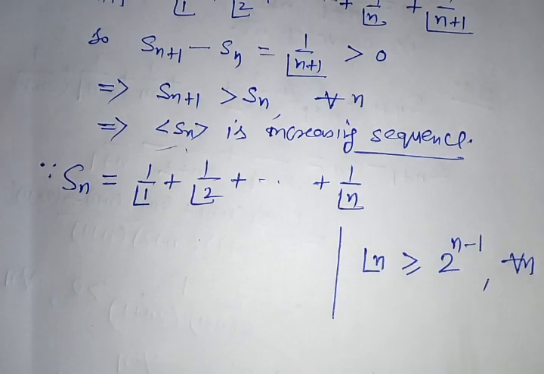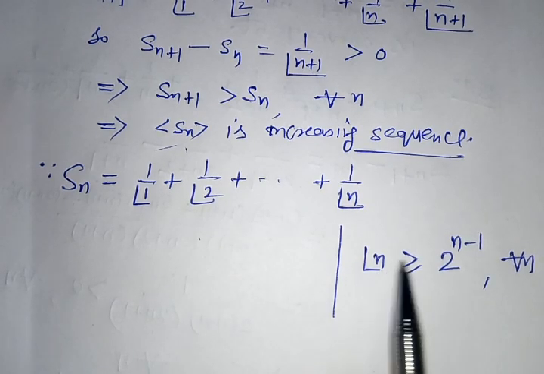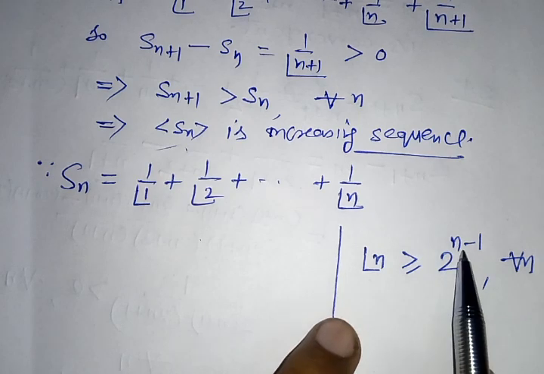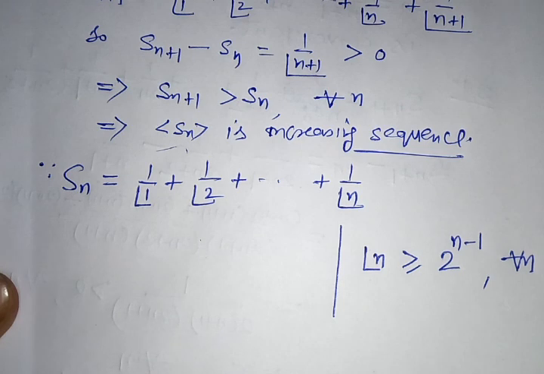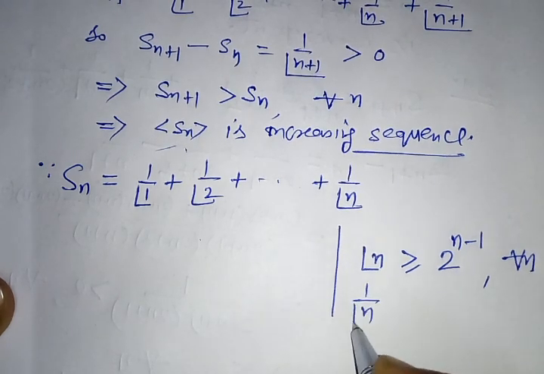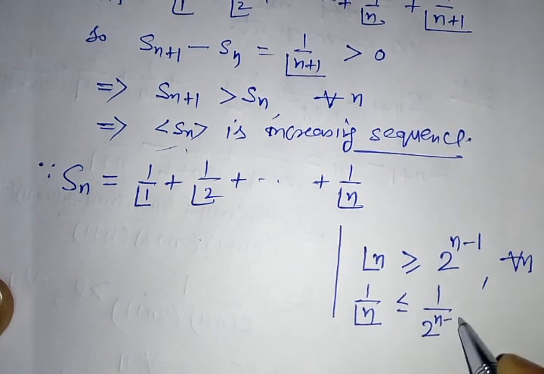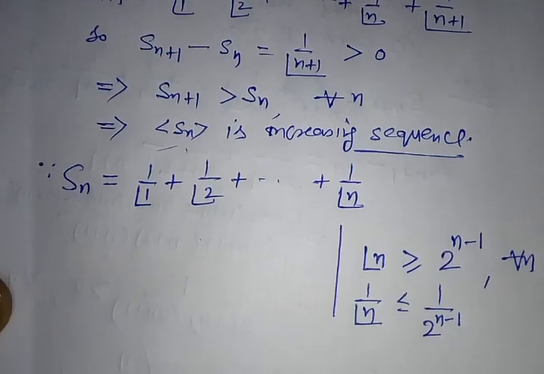I am using this relation because if I take n equal to 1 it holds, for 2 factorial it is 2, and for 3 factorial this will be 6, and for 3 this will be 4. So factorial n is greater than or equal to 2 raised to the power n minus 1 for each n. And what we can write? 1 upon factorial n is less than or equal to 1 upon 2 raised to the power n minus 1.